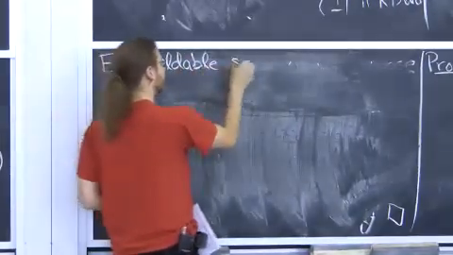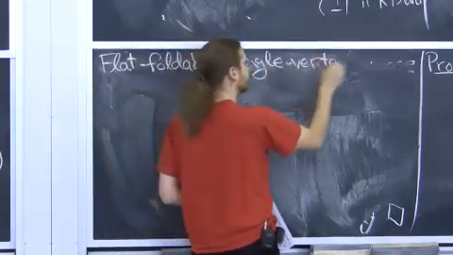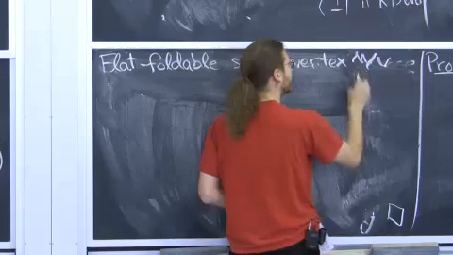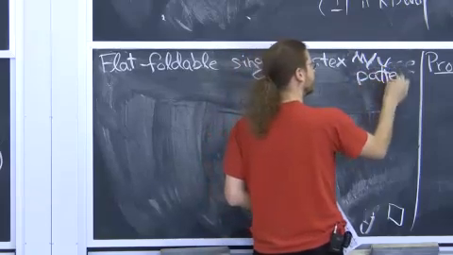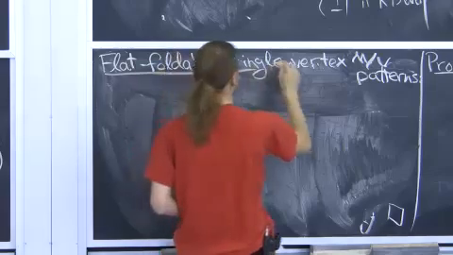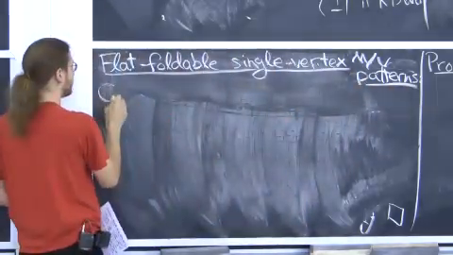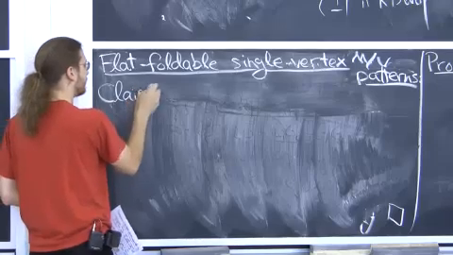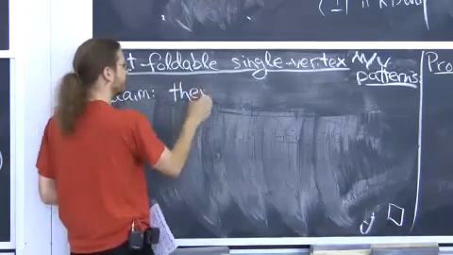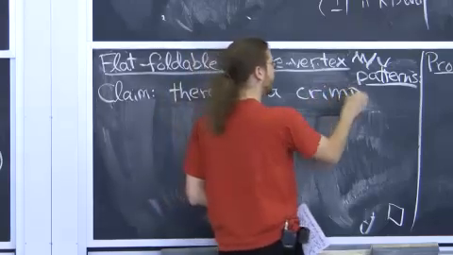Okay, single vertex, and the patterns. Okay, I claim there is a crimp. If it's flat foldable, there has to be a crimp that you can find to do.